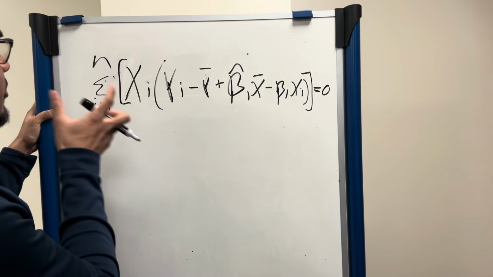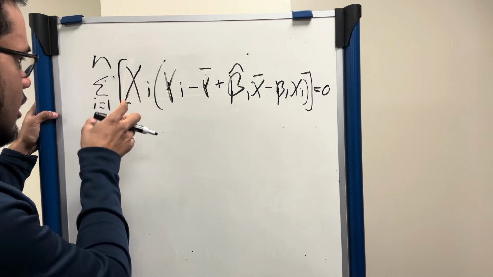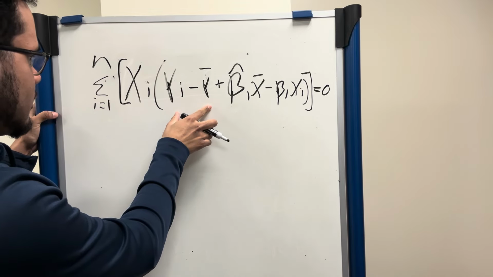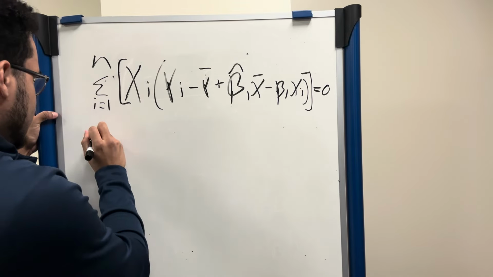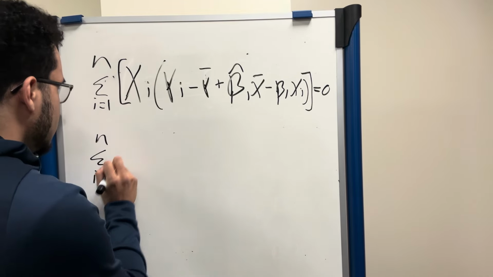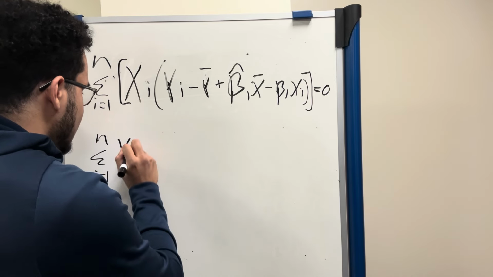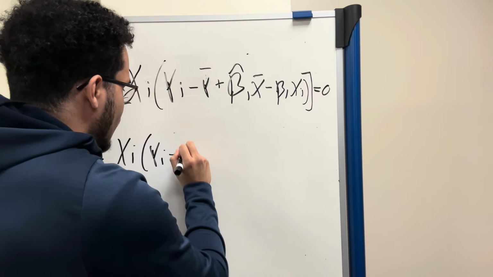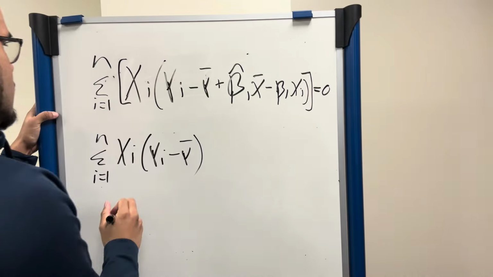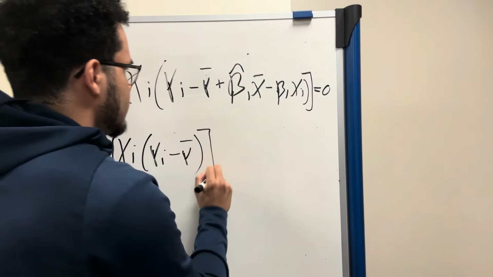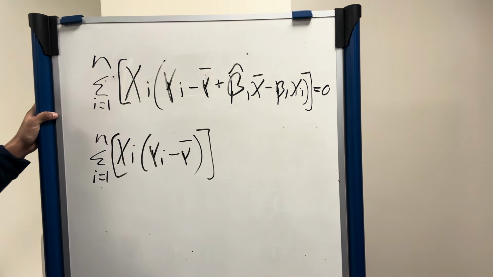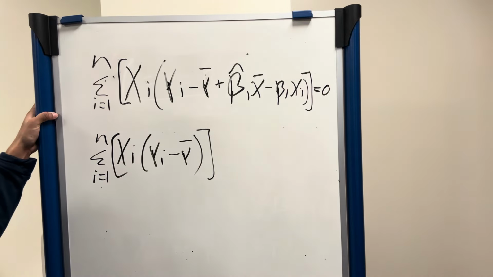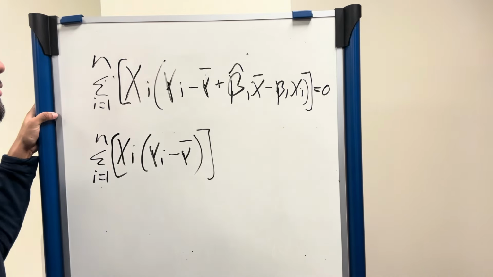So the first part, it appears to me, we have the summation of xi times yi minus y bar, right? So that seems legit. So we could just do xi times yi minus y bar, right? That seems fair. And then for the next part, we have a beta 1 hat that we would like to factor out because we want to solve for it. So we factor that out.